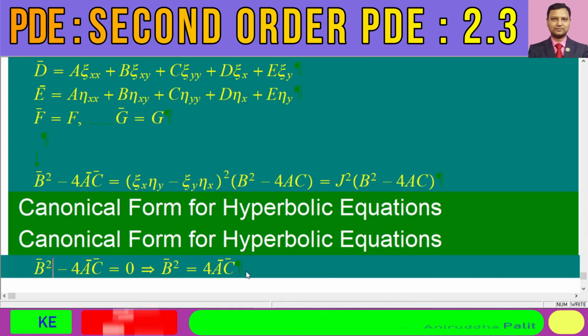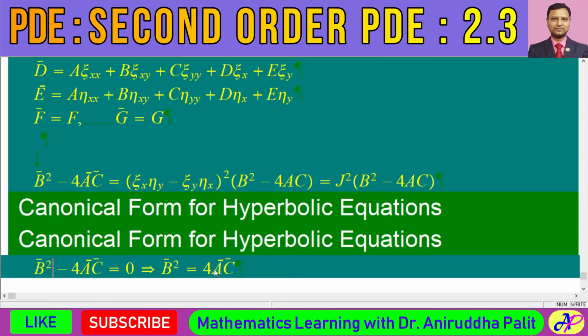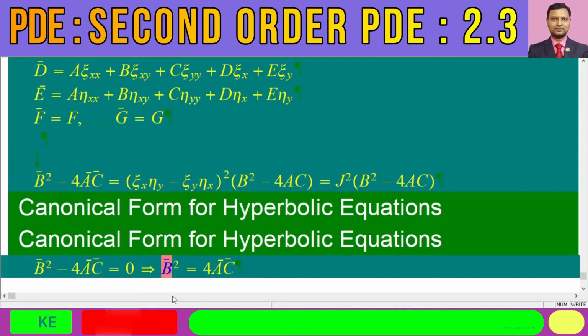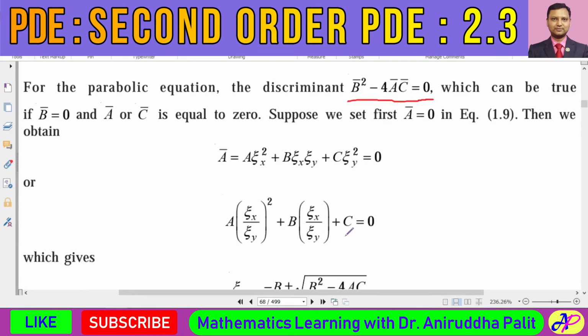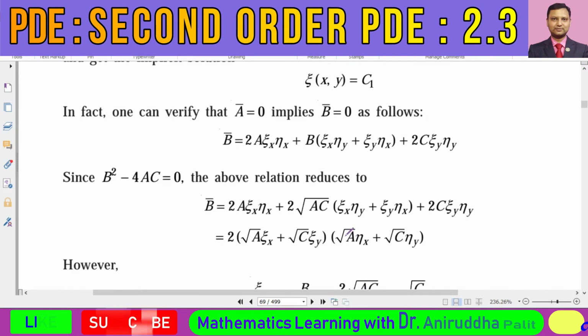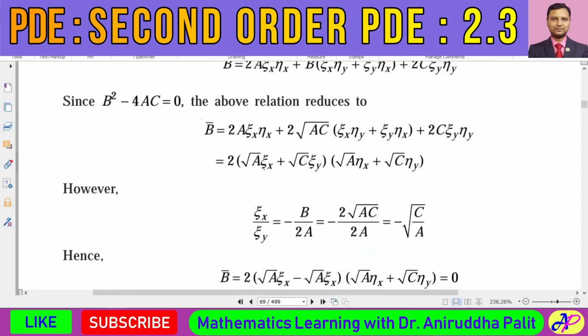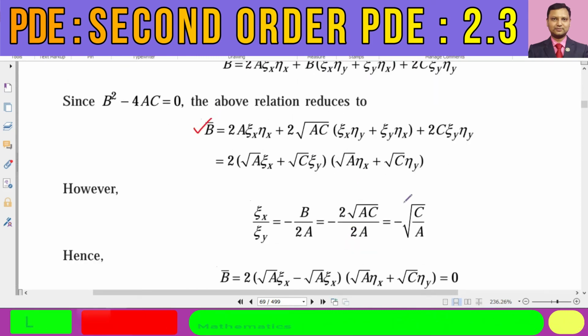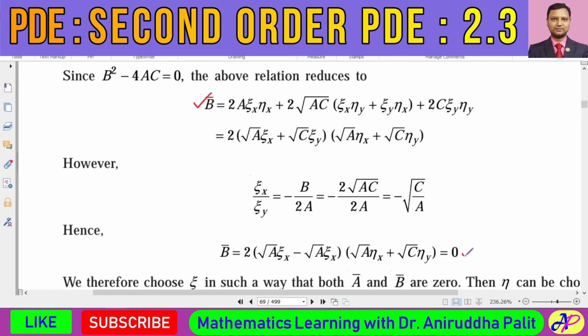And if a bar is equal to 0, then b bar becomes equal to 0. We can mathematically prove all these results, because all these computations have also been demonstrated over here.